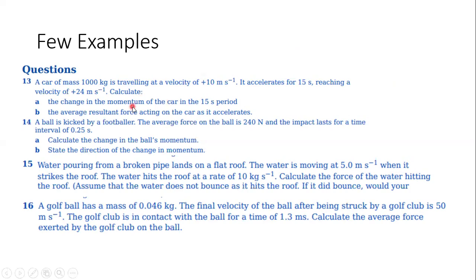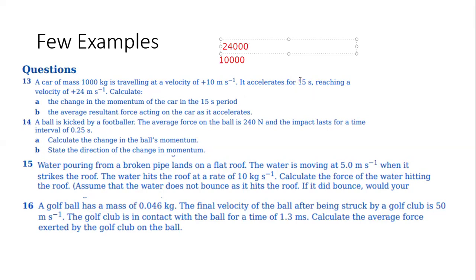So I think the first one is m multiplied by v. First one is 1000 multiplied by the first velocity. It is going to be 10,000, right? And then it accelerates for 15 seconds. Second velocity gives 24,000.